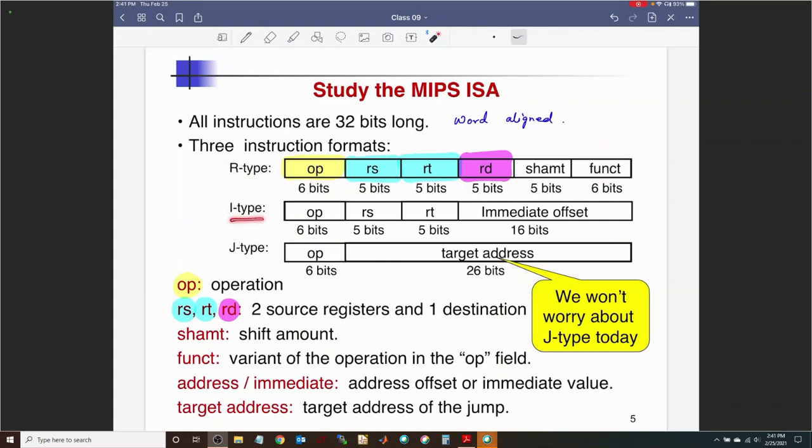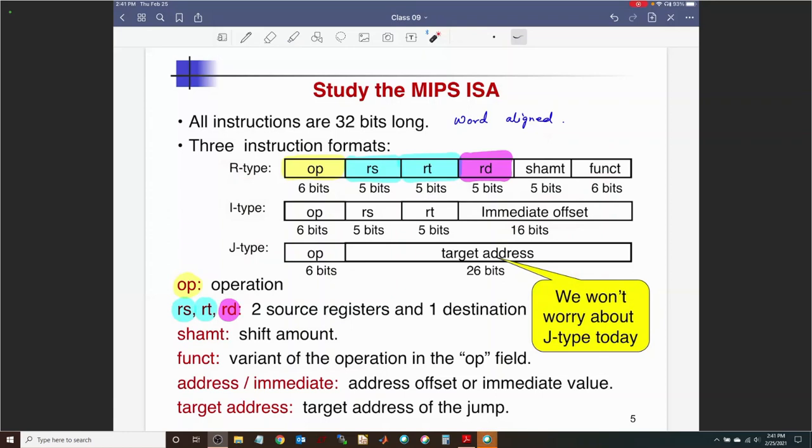Now, as far as I-type instructions are concerned, we still have the OP field, we still have RS and RT playing our two source registers, and then we have an immediate offset, which was used for providing the immediate constant directly in the instruction itself, or maybe a 16-bit offset address that could be added to a base register which contains the base address.